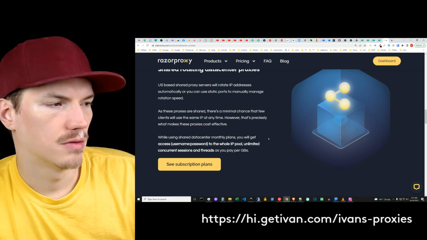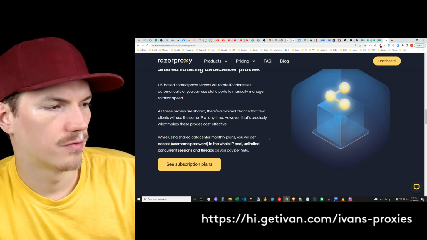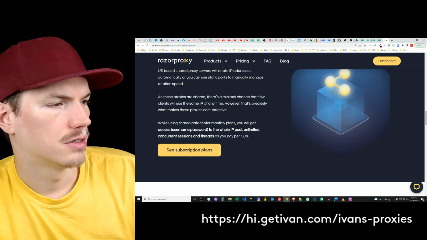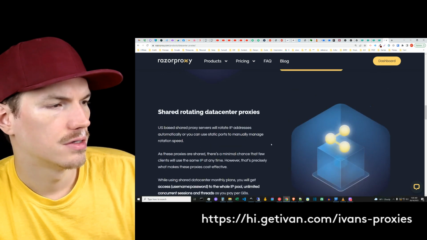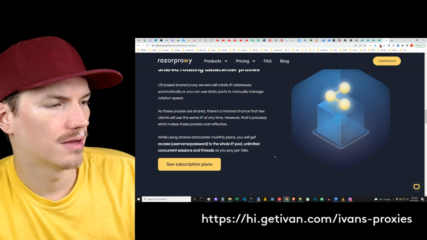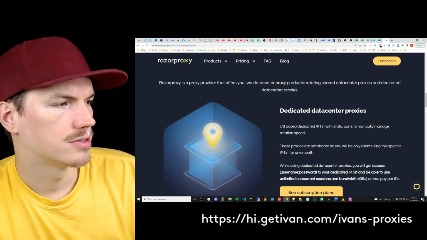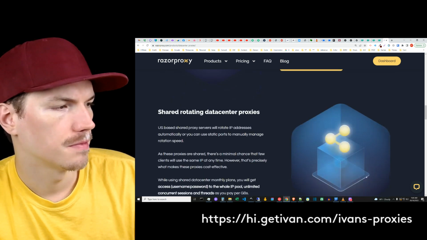Anyway, for the monthly plans, you'll get access to a whole IP pool, unlimited concurrent sessions and threads, as you pay per gigabyte. Oh wait, so they're saying shared rotating data center proxies are per gigabyte. That's a bummer. And dedicated data center proxies are pay per IP.